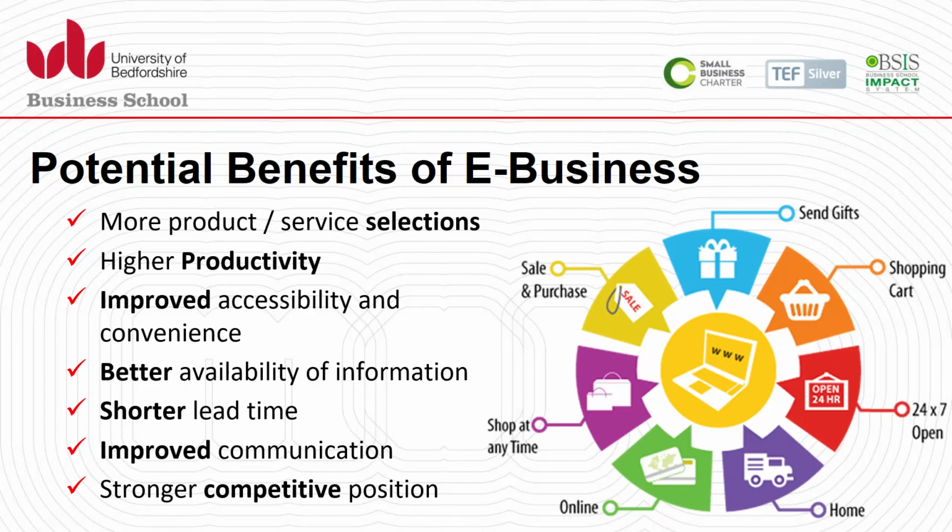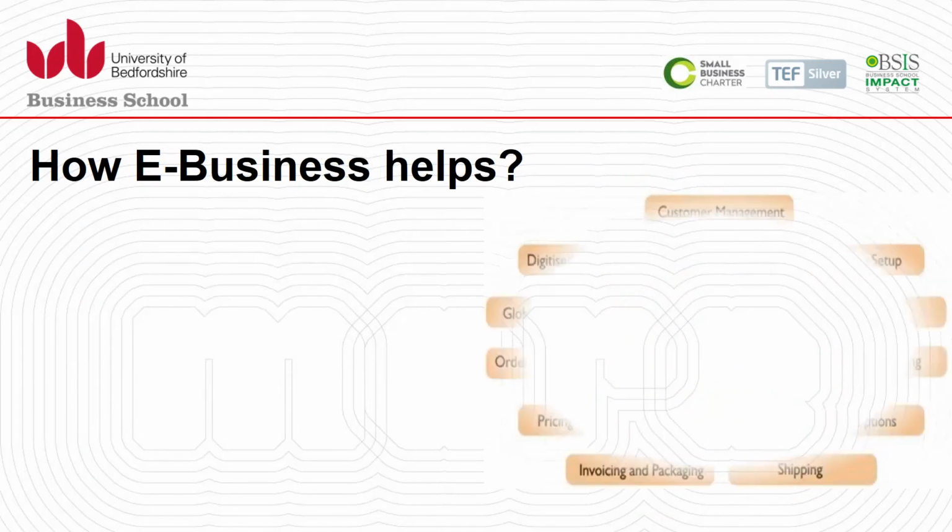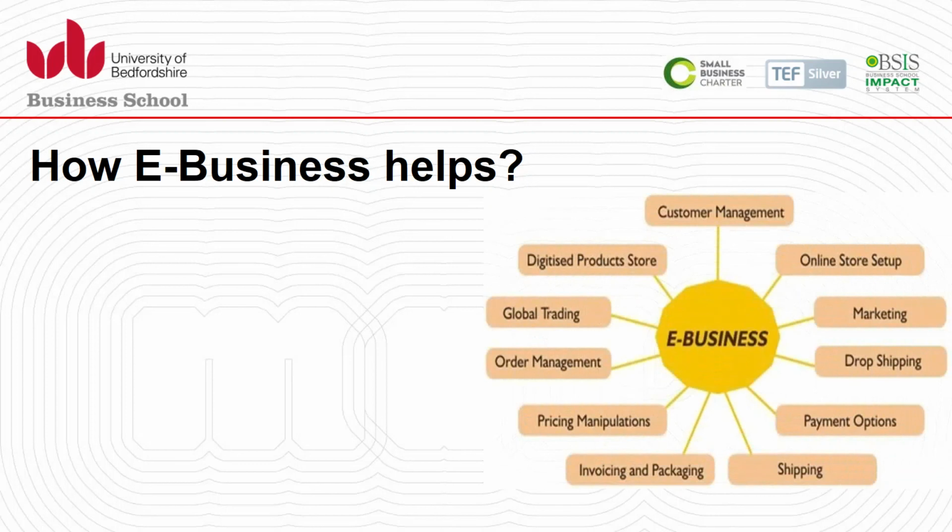However, when we are looking at the help we get from e-business, how are we going to get the best out of it? We know that e-business is an umbrella term which covers all the important activities or functionalities, or the department-wise management support.